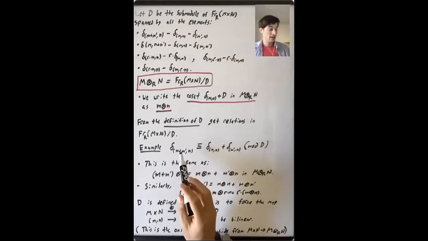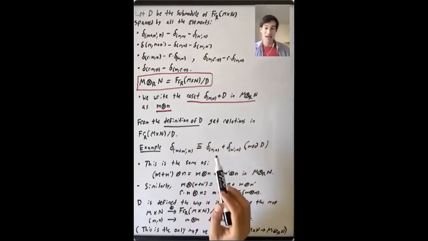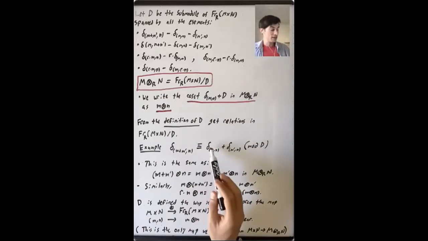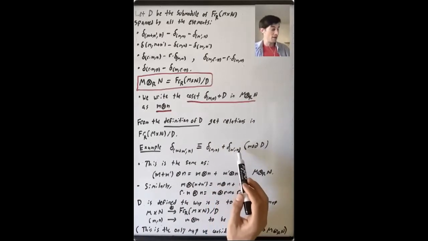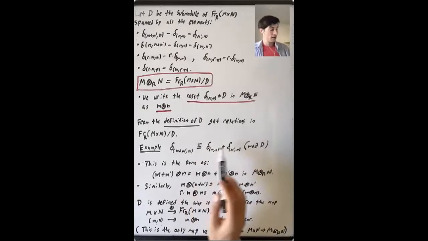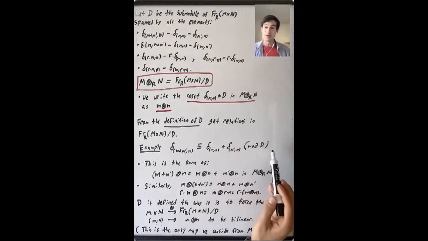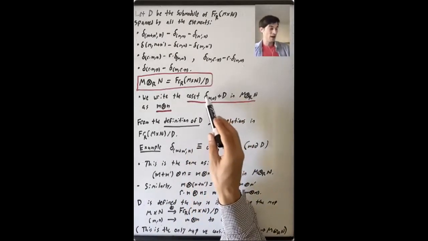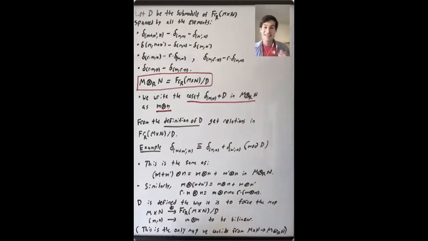So for example, δ(m + m', n) is equivalent to δ(m,n) + δ(m',n) mod D, meaning that the element on the left and the element on the right are in the same coset of this submodule D. But if we write these cosets with this tensor notation, this is exactly the same thing as saying that (m + m') ⊗ n equals m ⊗ n + m' ⊗ n in this tensor product.